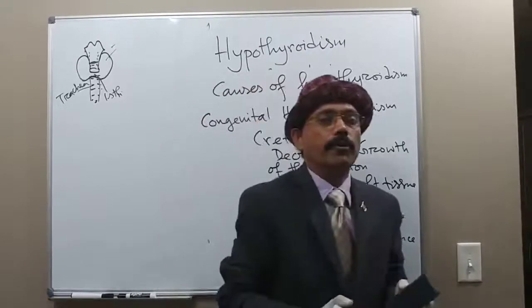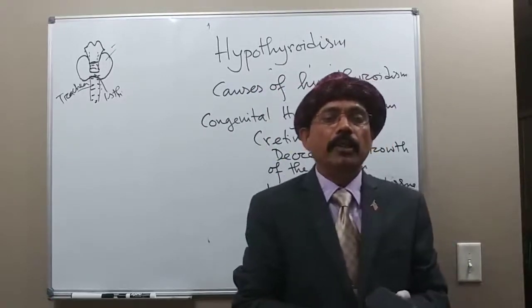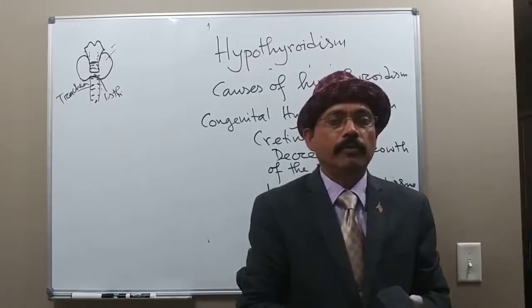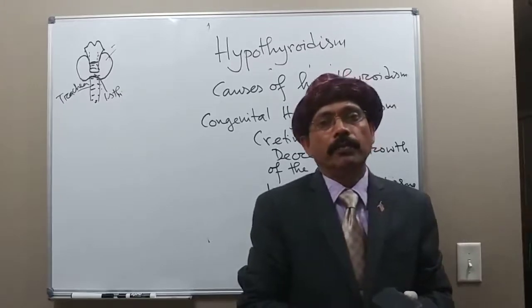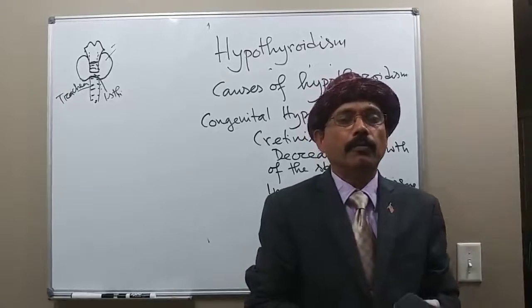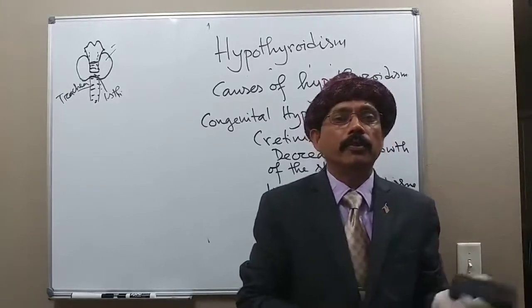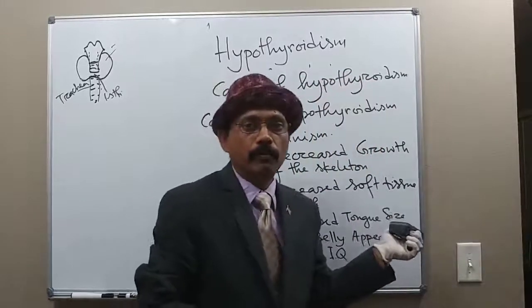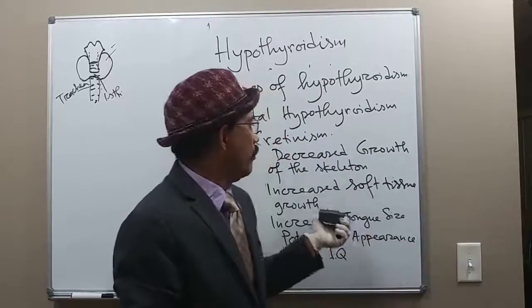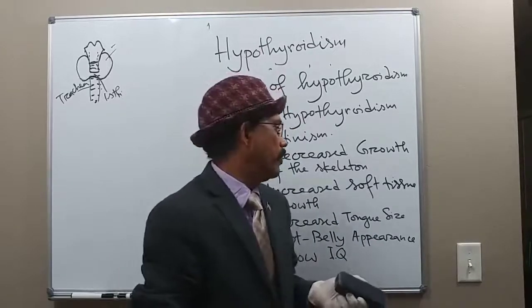The thyroid gland is very important for the development of the brain, especially for neuronal myelination. Okay, so if the thyroid gland is not secreting a sufficient amount of hormone, the neurons will not be myelinated, so the infant will suffer from permanent brain damage due to lack of myelination.